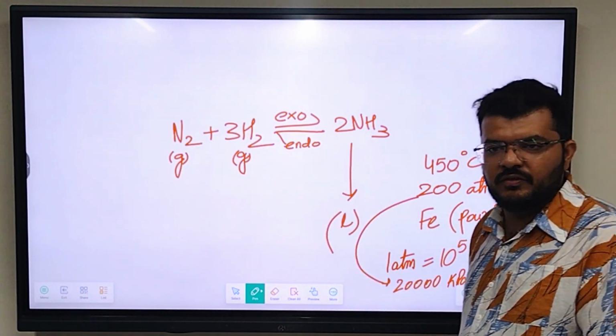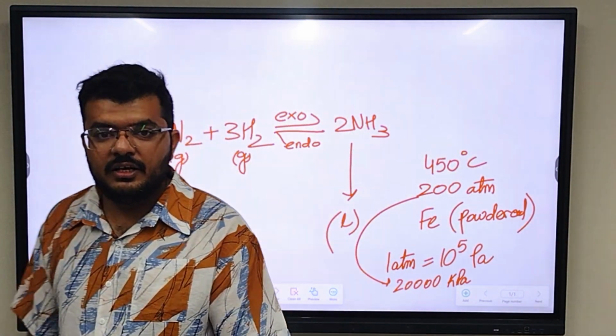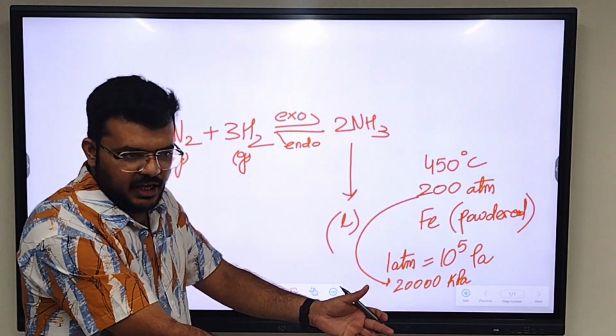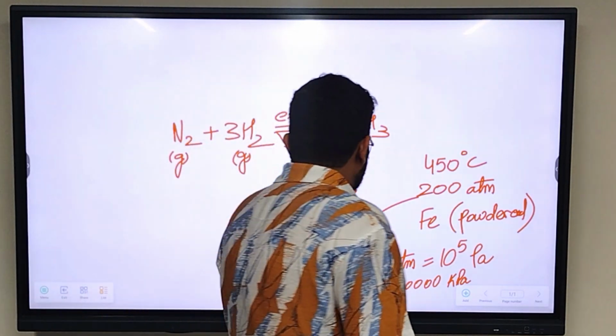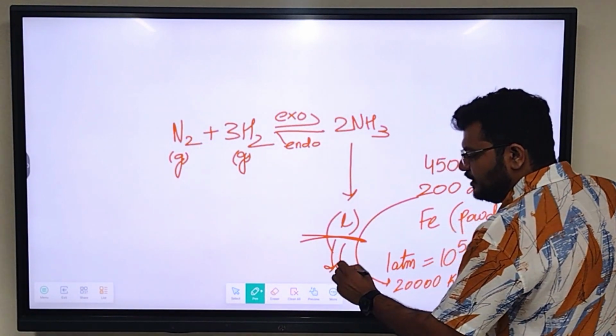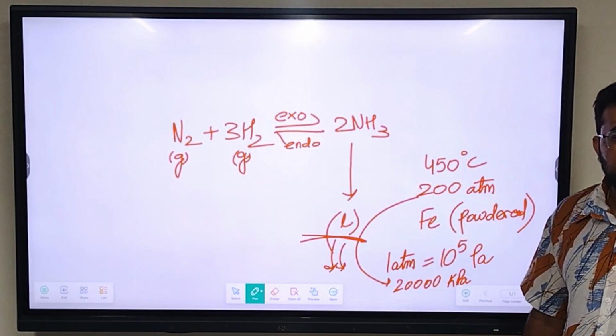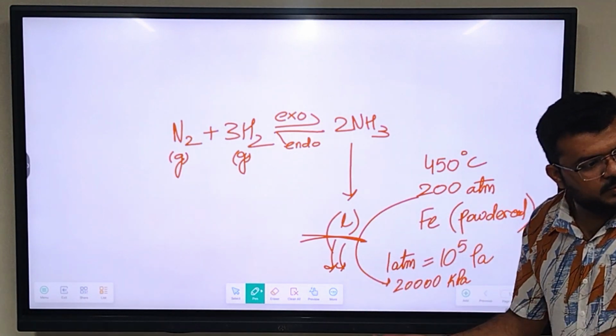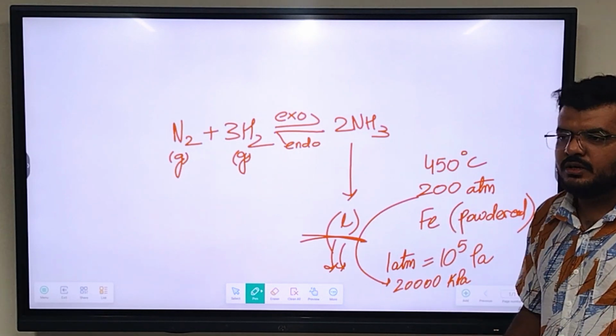As soon as this is liquid at such a high pressure, the equilibrium stays towards the right. We will do one more cheating. We will continuously keep on extracting this liquid ammonia as well. So the equilibrium never actually establishes itself. It keeps on producing more and more.